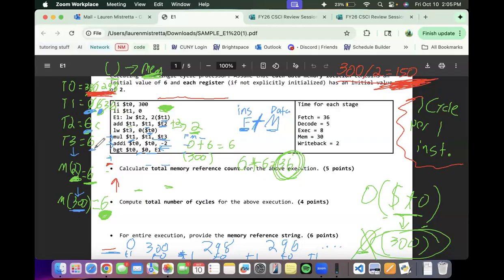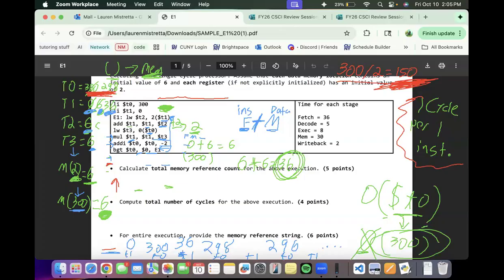What was T3? Also 6. So every single time that we are accessing this, we're doing these two operations to it: adding 6 and then multiplying by 6. So the next time I get to this part over here, my mem address is going to be 36.